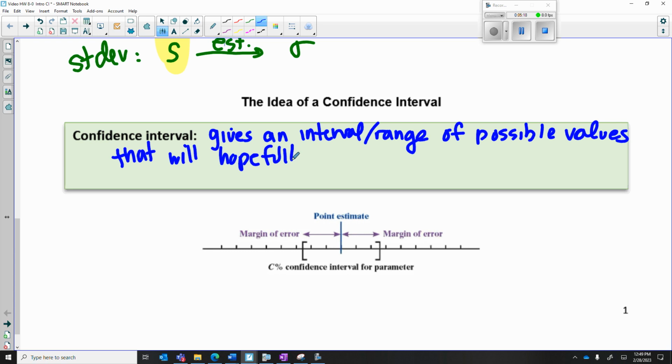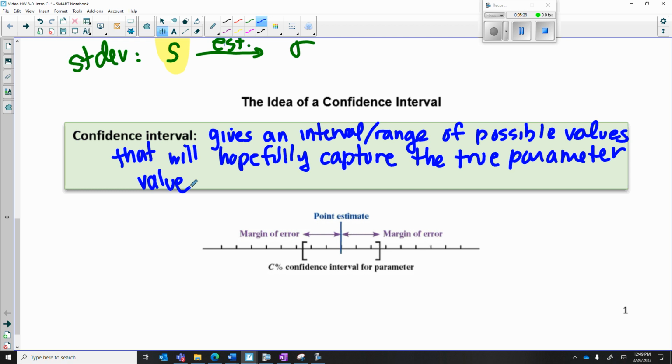So the goal is to hopefully capture the true parameter value.